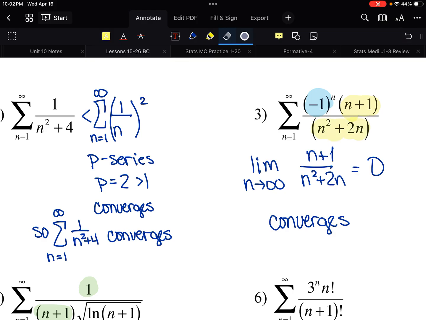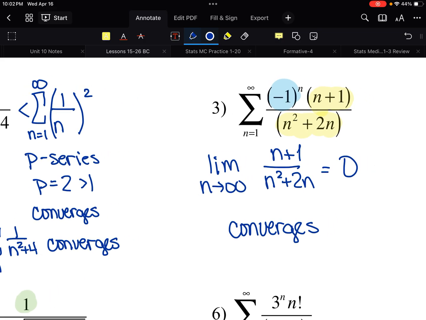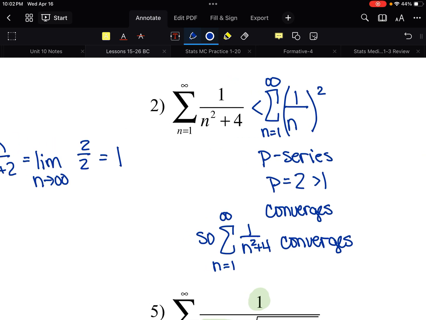Didn't mean to erase that. The limit of these terms is 0. This one does converge. You can't really use the nth term test to say that something converges. You could have done the integral test here. Couple of different things. Sorry, I'm rambling about that one, but it converges.